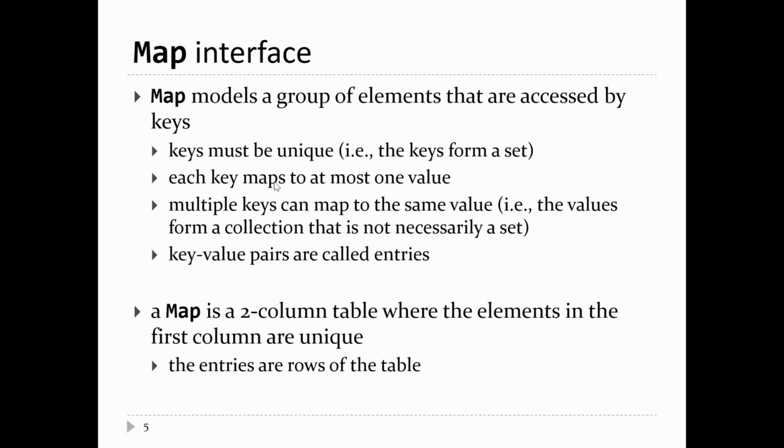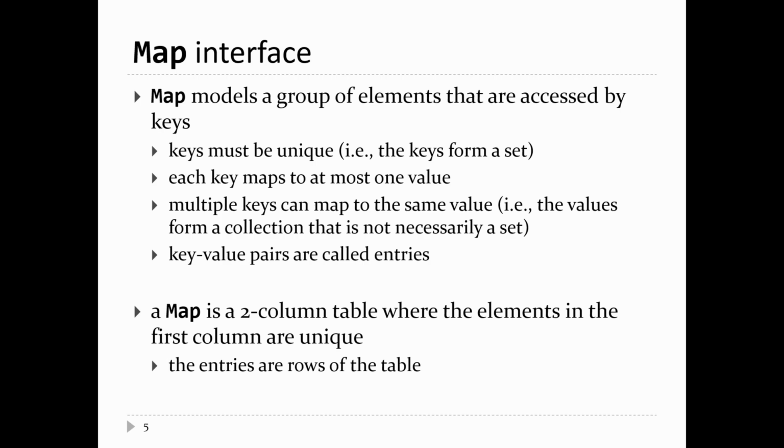So every key maps to at most one value, and multiple keys are allowed to map to the same value, right? So the values are not a set, but the keys are. So the values form some kind of collection that's not necessarily a set. And these key value pairs are called entries. So these are the standard terms when talking about maps or associative arrays or dictionaries.